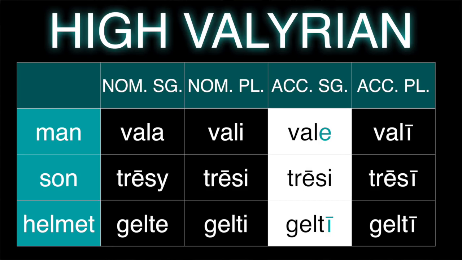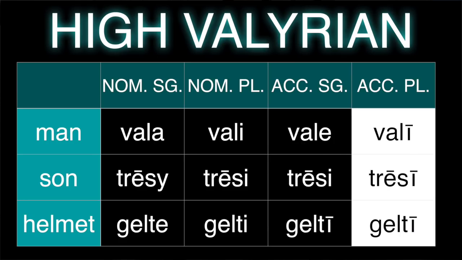With tresi, the U vowel cannot coexist with the E vowel. That's just a little phonological rule of High Valyrian. So when it comes next to the E vowel it in fact knocks it off, and it's dead. So that's why the accusative singular of tresi is tresi and not tresi with a long E. Now for the plurals of all of these, you're basically working with this accusative base form, and they all have these powerful E ones on the end there.